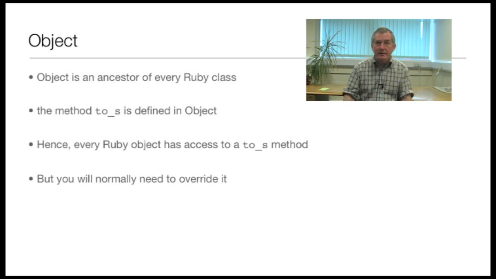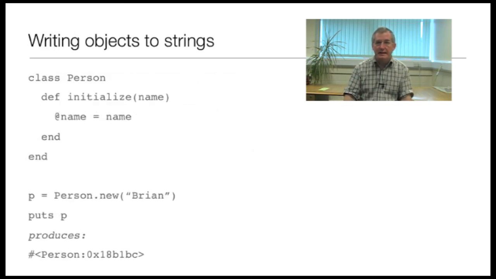We've got it here. We've got our class declaration again repeated there. Create a new instance of person. We call that Brian, and then we try to print out P. I've mentioned this a little bit earlier. If we use puts, that's going to print to the command line the object using the toString method.